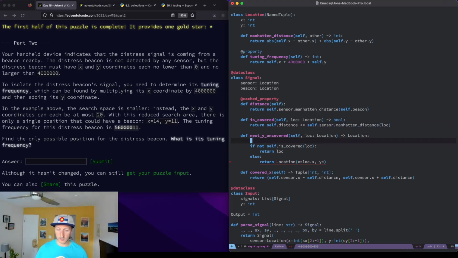We're just going to do the calculation here. D equals this. Self.distance is greater than or equal to D, then we do loc.y plus self.distance.